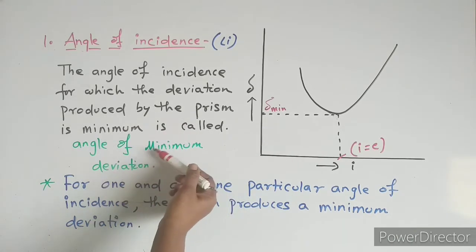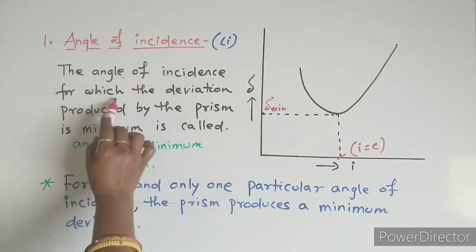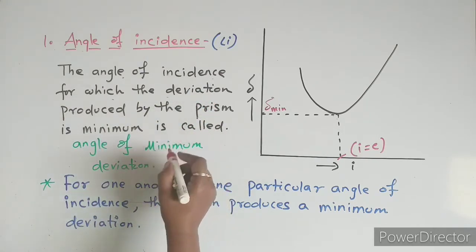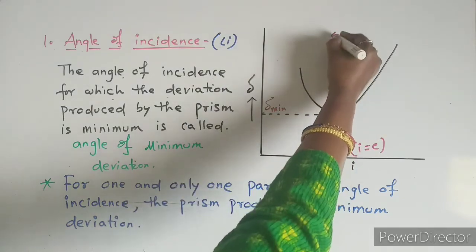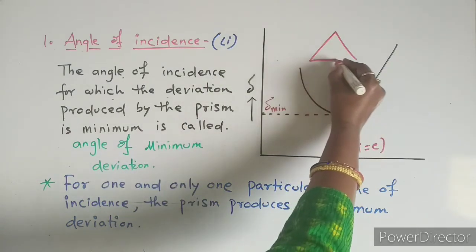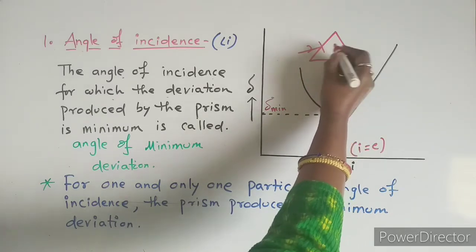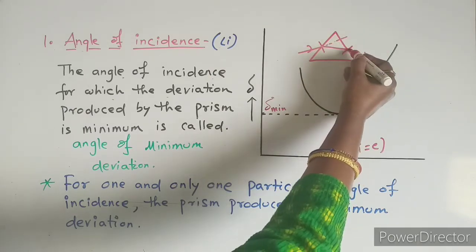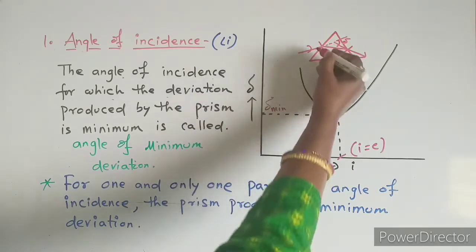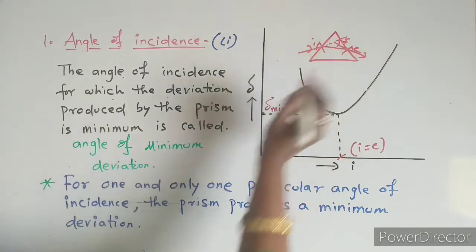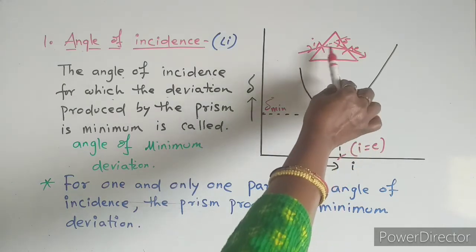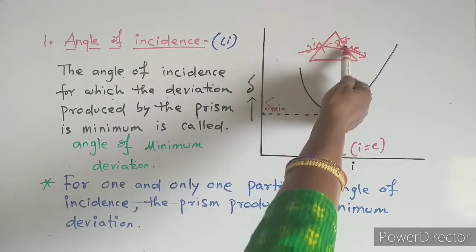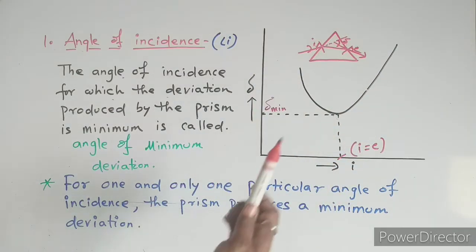So what is the minimum angle of deviation? The angle of incidence for which the angle of deviation produced by the prism is minimum is called the minimum angle of deviation. For example, I am taking this prism, here it is striking and it moves, after that it deviates, then it is like this. This one will be delta, this one is I, this one is E. Let me explain: the angle of incidence for which the angle of deviation produced is minimum, not for all the cases.